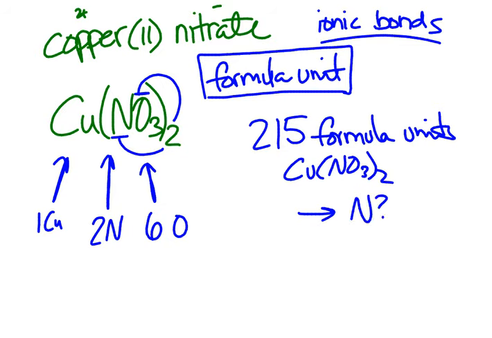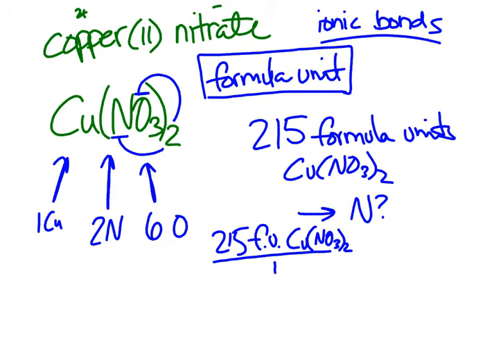Same deal. 215 formula units of copper nitrate, over 1, and I know that for every 1 formula unit of copper 2 nitrate, I have 2 nitrogen atoms.